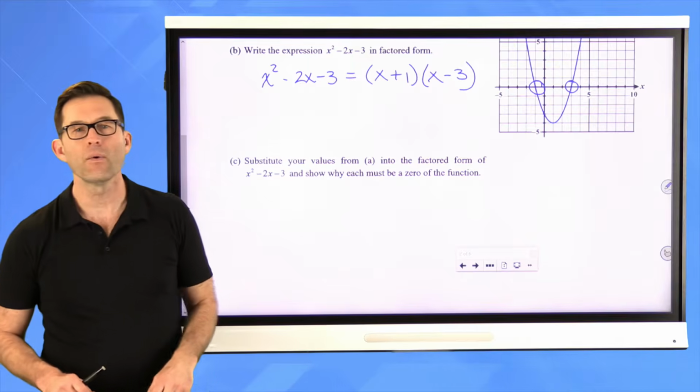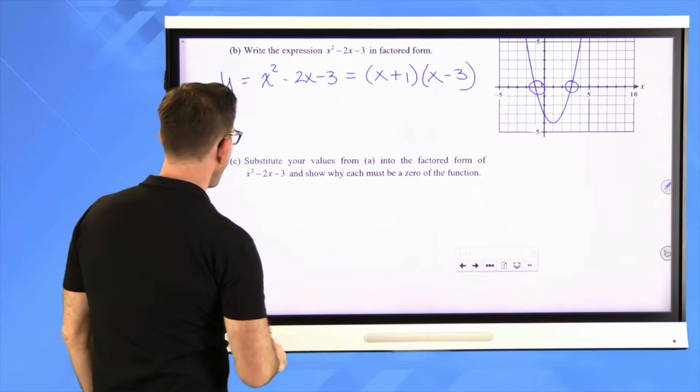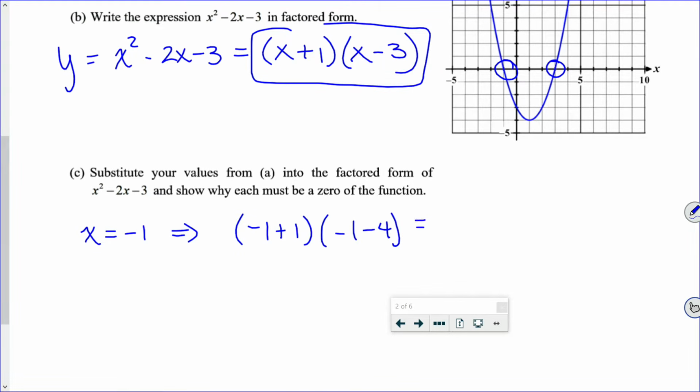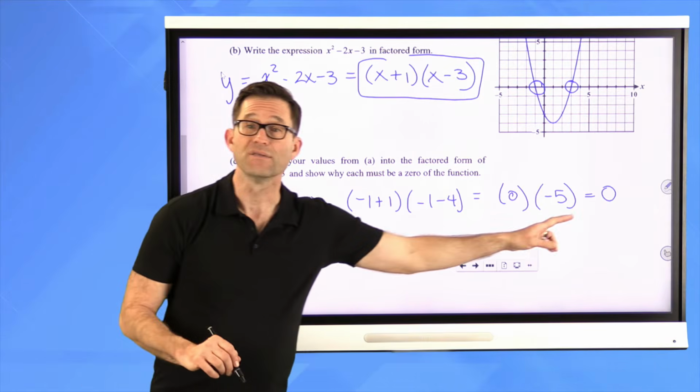Okay, well, I want you to keep in mind that this is really y equals. So if I substituted those in here, let's first do x equals -1. When I substitute x equals -1 into that expression, I get this. Now, -1 plus 1 is 0, and -1 minus 3 is -4, and 0 times anything is equal to 0. So when x equals -1 goes in, 0 comes out.